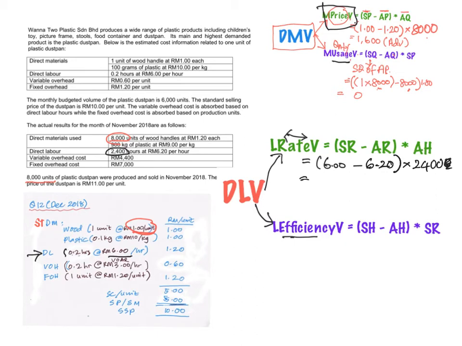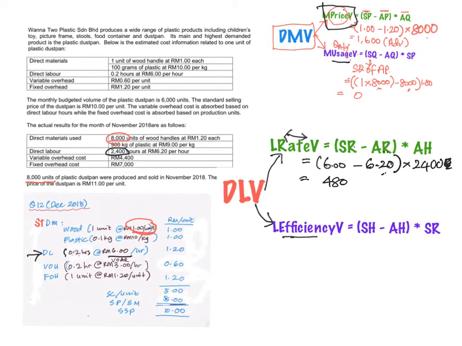2,400. So we are going to have here the answer, 480. Okay, so you get the answer of 480. And then we are going to see whether it is favorable or adverse. The standard rate is 6 ringgit, but the actual rate is 6 ringgit and 20 cent.